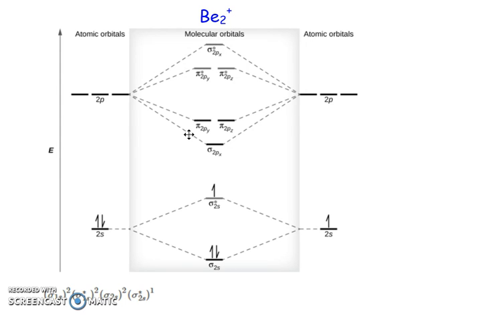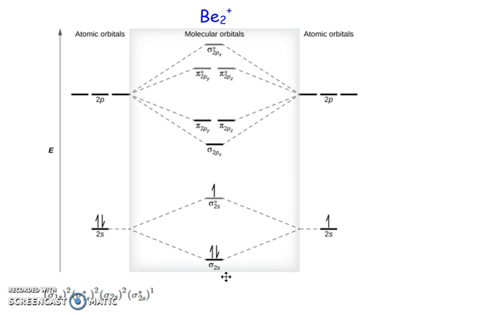Beryllium has 2 valence electrons, so we have 2 electrons in the 2s, and the other beryllium also has 2 electrons in the 2s, but because it's a positive 1 charge, we've removed one of those electrons. So when we go to fill it, we need to put 3 electrons in the molecular orbitals. And we're going to do that just like we do for the atomic orbitals.